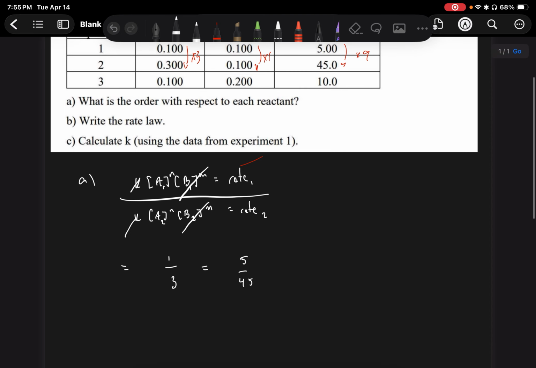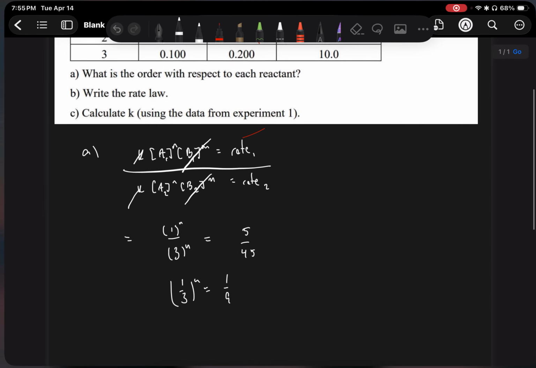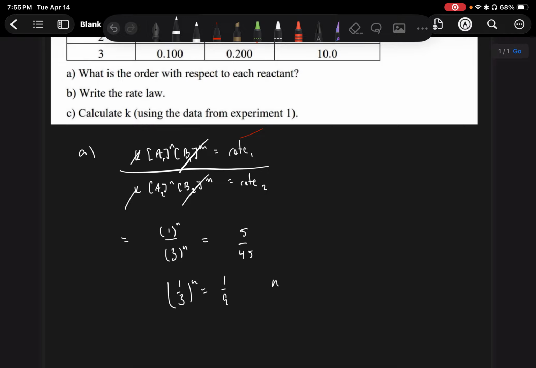Does that kind of make sense? Okay, so now from here we could just determine n equals 2. 1 over 3 squared is equal to 1 over 9. So therefore the order for n is 2.